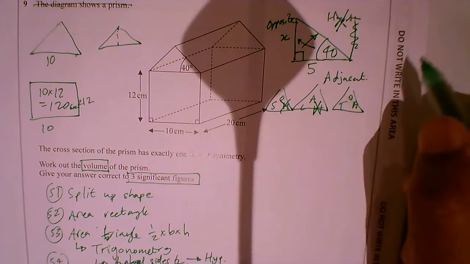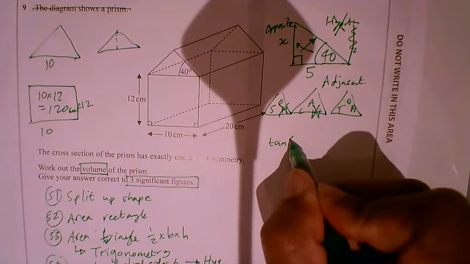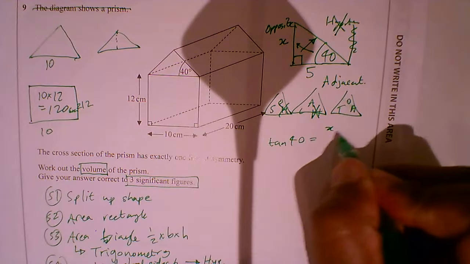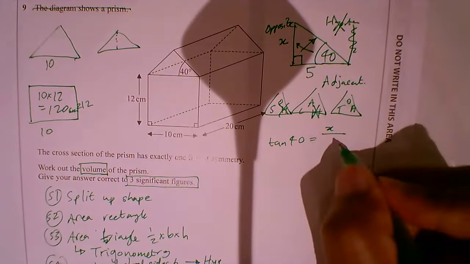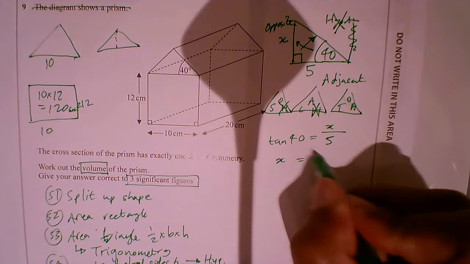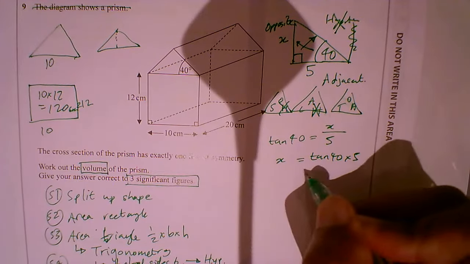So I'm using tan. So tan 40 equals opposite, which is x, all over adjacent, which is 5. So now I can turn this into an equation. X is at the top, so it's tan 40 times by 5.